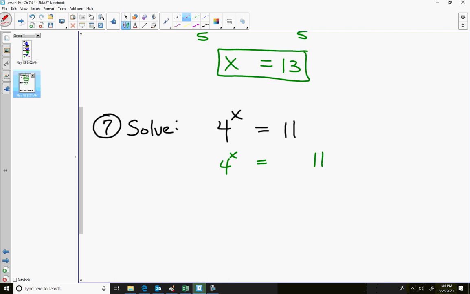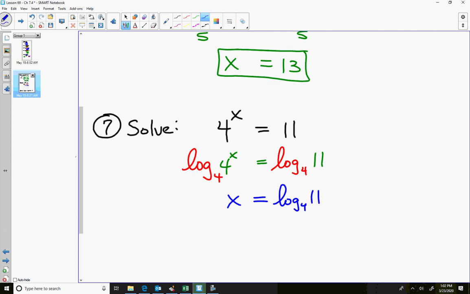Since this is an exponential base of 4, what I will do is a log base 4 to both sides. Do a log base 4 over here also. Now, my log base 4 and exponential base 4, they all cancel, leaving us with just x equals whatever log base 4 of 11 is.